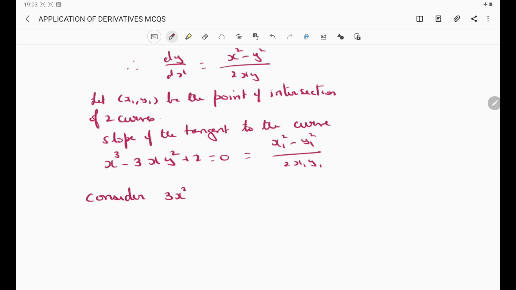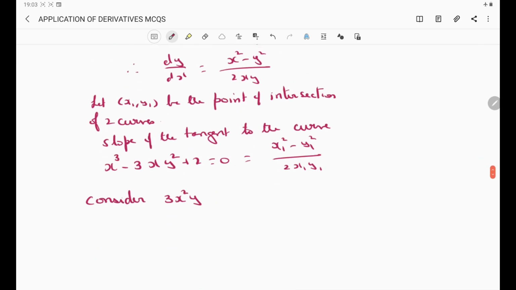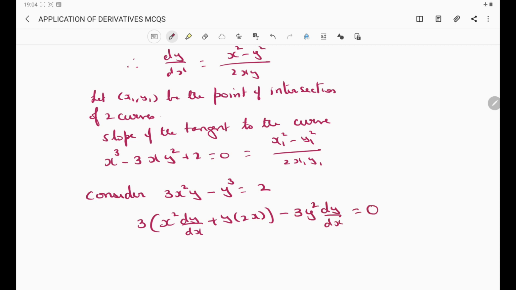So let's find dy by dx for this. Using the product rule, we get 3 into x square dy by dx plus y into the derivative of x square, which is 2x, minus the derivative of y cube, which is 3y square dy by dx, equal to the derivative of 2, which is 0.